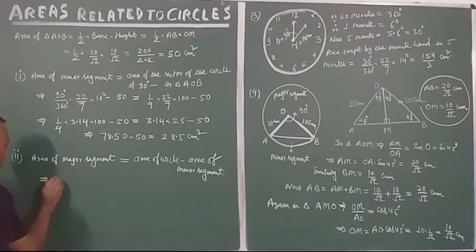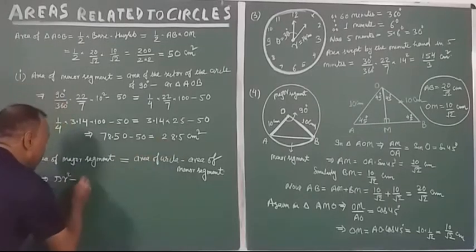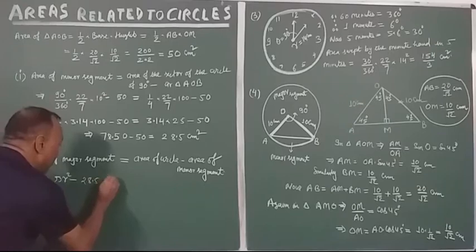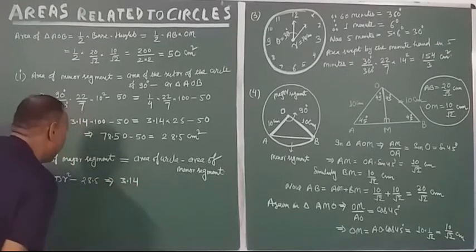Pi r square minus minor segment 28.5. Pi, the question given 3.14.